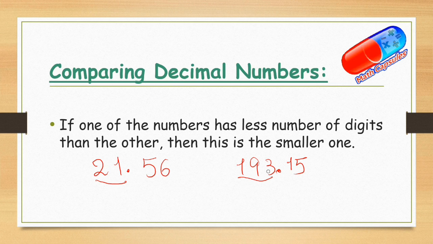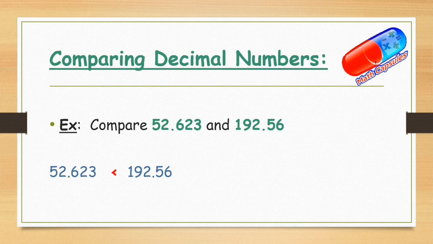Do they have the same number of digits? Of course not. This number has 3 digits and this one has only 2. So without thinking more than this, I just put my sign: this number is greater than the other one. Like this example, we have 52.623 and 192.56.